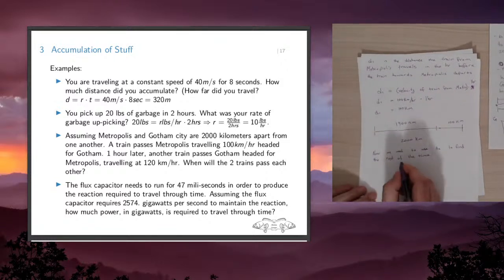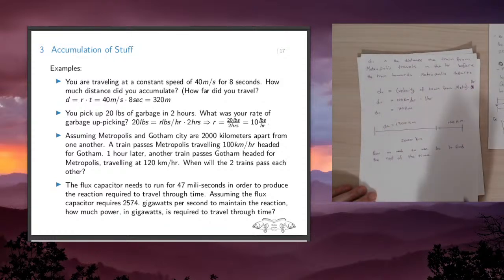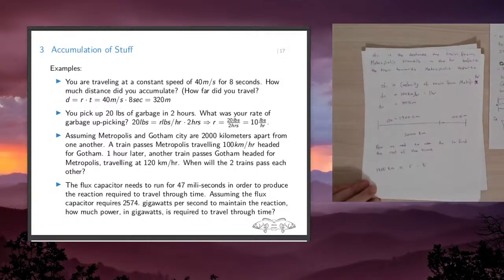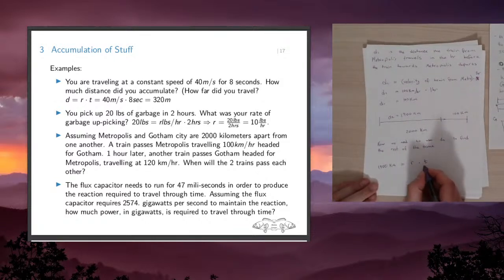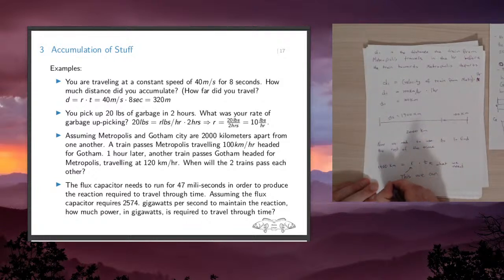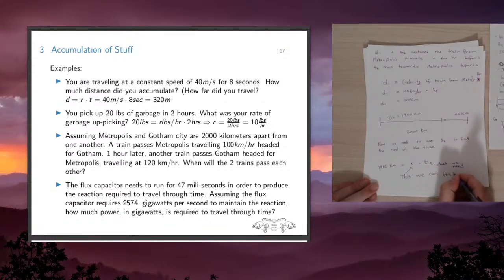So what do we know about d2? That's this little guy here. Well, we know then that 1,900 kilometers is equal to the rate of speed times the time at which you travel at that speed, right? This is what we need. This we can find with what we have.